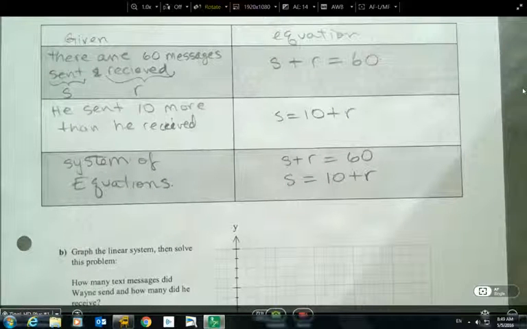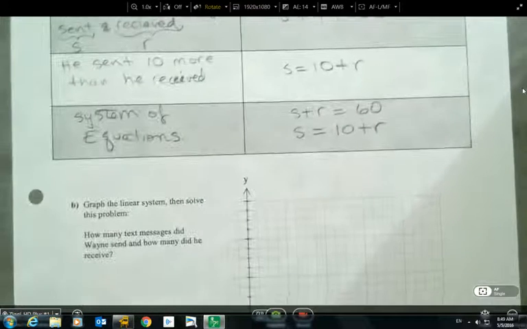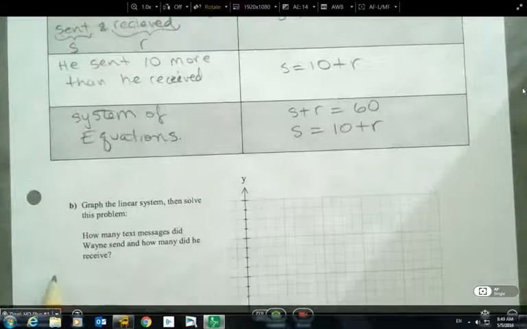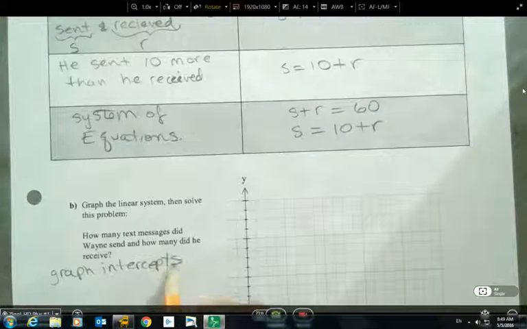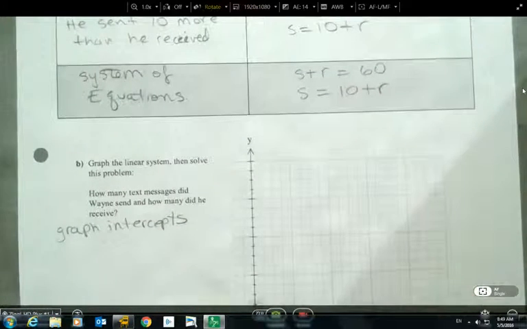And let's use the intercepts to graph these equations, just because we've already used slope-intercept form in the previous question. So let's practice this with intercepts. Okay.